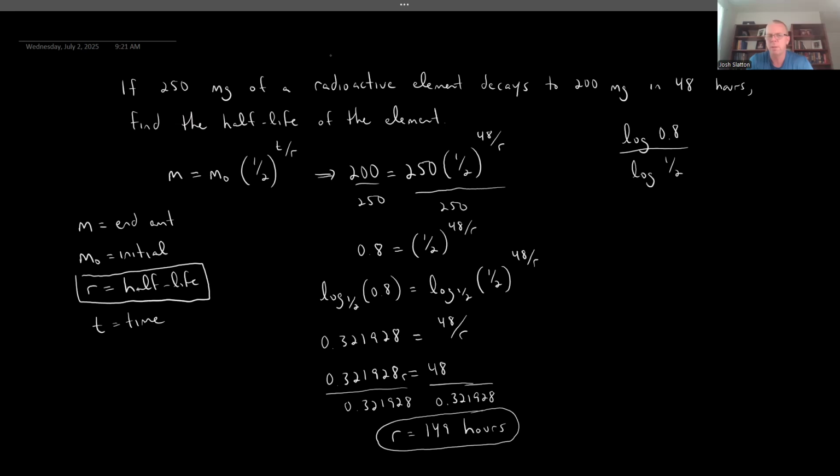Obviously, no one can just look at this and tell that the answer is 149. That's not the point. But you do want to be able to know if your answer makes sense. If you get a ridiculous answer, you should recognize that in a lot of cases. So hopefully that will help.